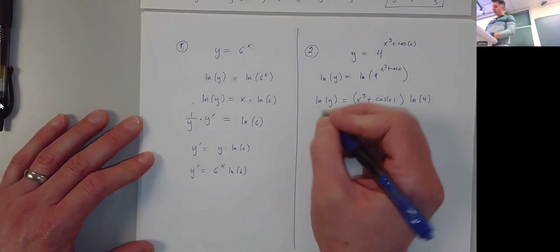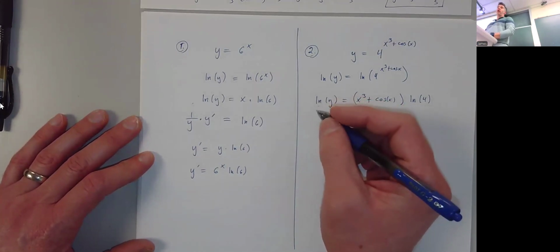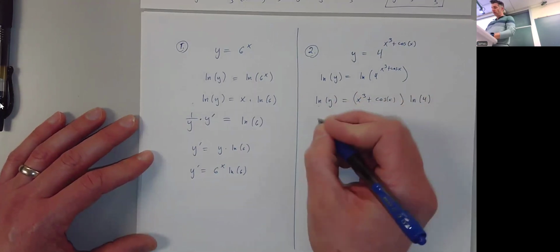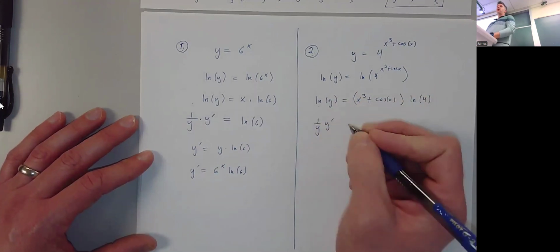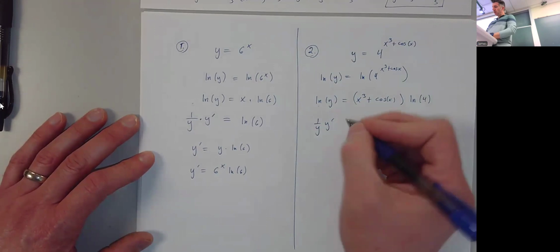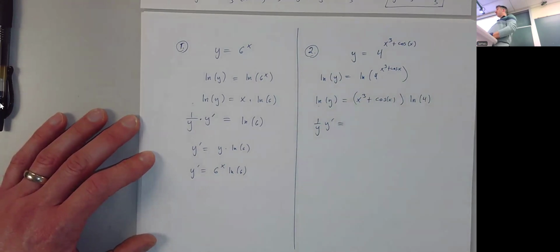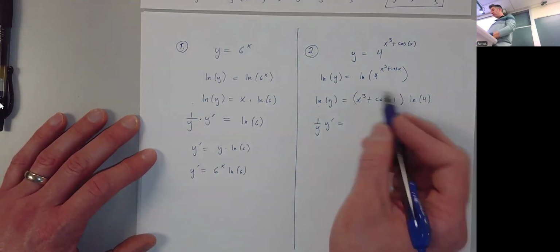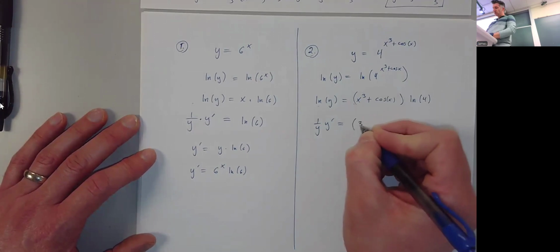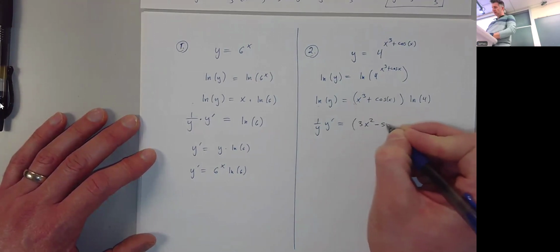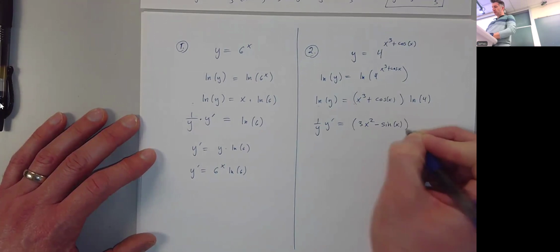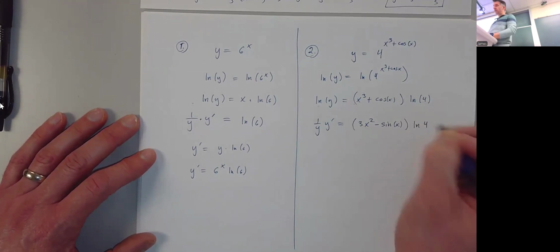Differentiating both sides. Whenever you differentiate the natural log of y, you're always going to get 1 over y times y prime, assuming y is a function of x. On the right-hand side, same kind of deal as before. We're going to have the derivative of x cubed plus cosine, which is 3x squared minus sine of x, times the constant that's just hanging out there.